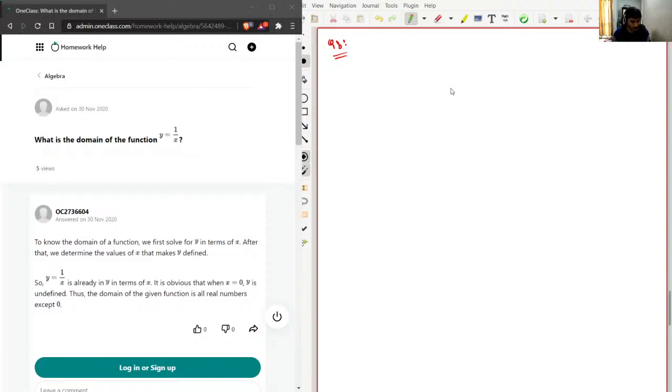So it is asking what is the domain of the function y equal to 1 over x, and we need to find the domain of this function. So whenever we have such kind of questions where we need to find the domain of any function, we just try to see at what values of x from minus infinity to plus infinity the function is valid.